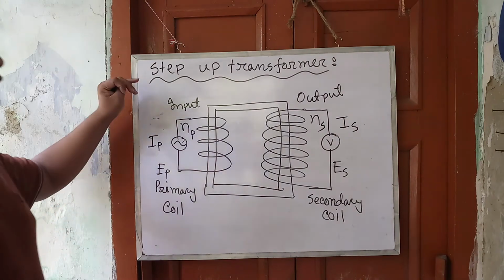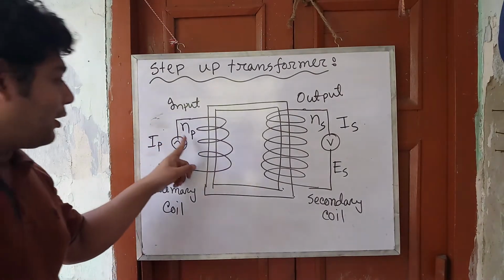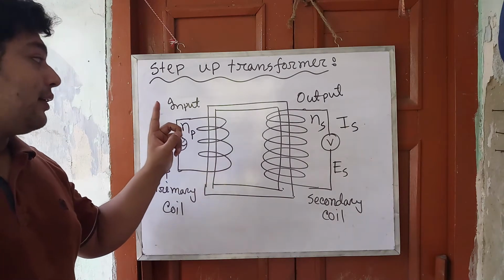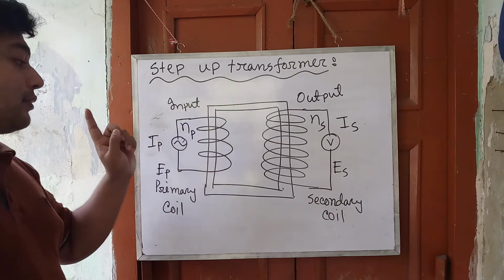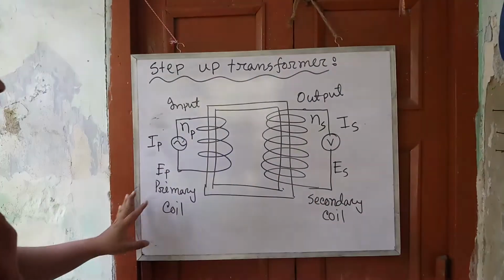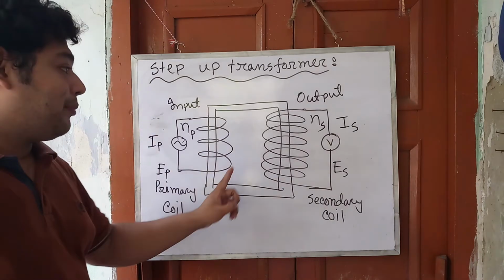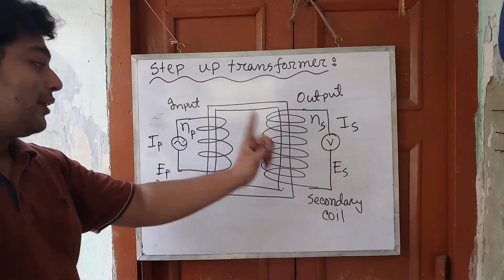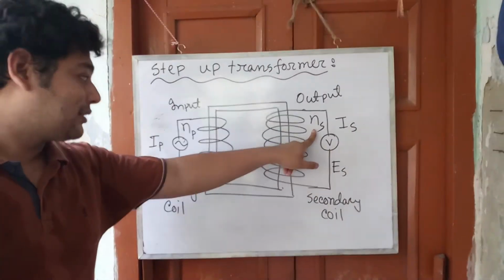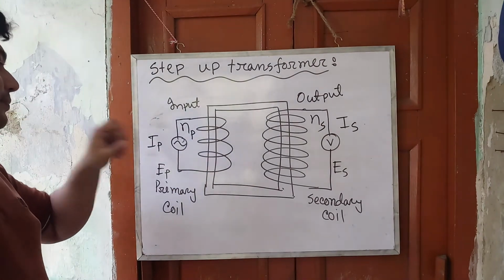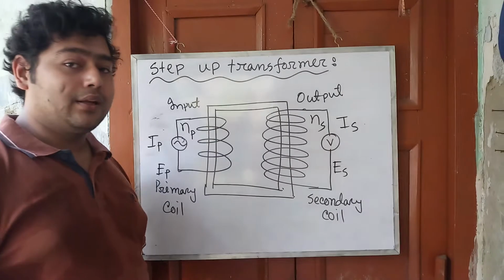From this figure of the step-up transformer, we get that the number of turns for the secondary coil is greater than the number of turns for the primary coil. NS is very much greater than the number of turns for our primary coil.